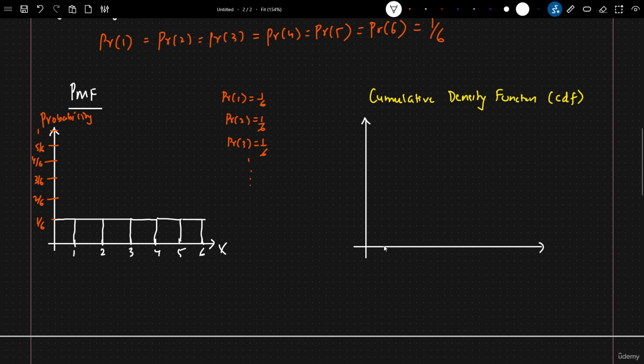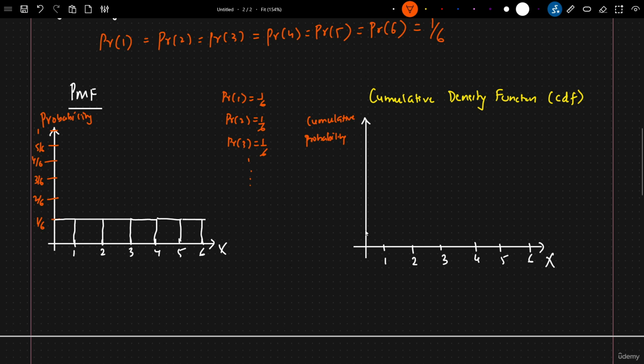Here I will write 1, 2, 3, 4, 5, 6. These are all the outcomes of my random variable. On the y-axis, you will have cumulative probability.